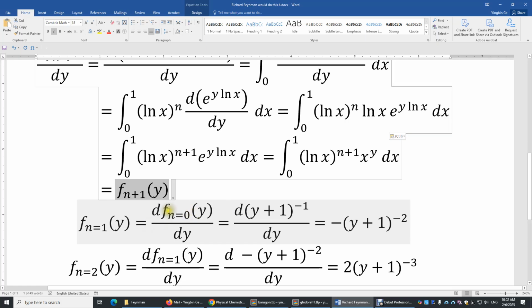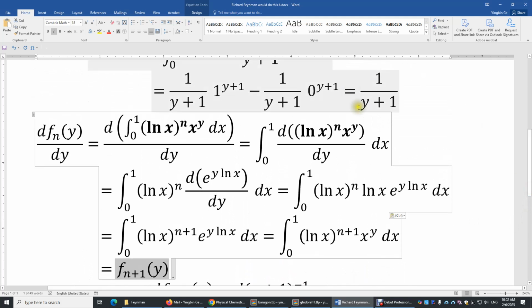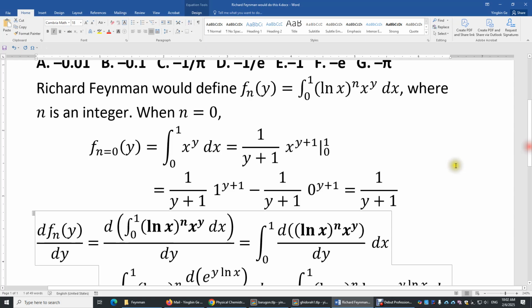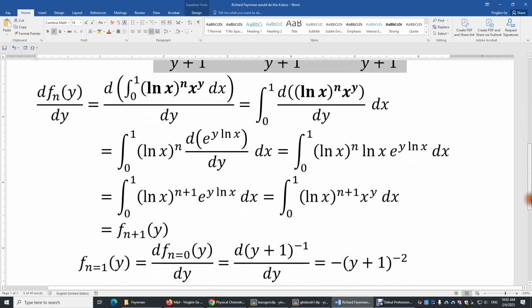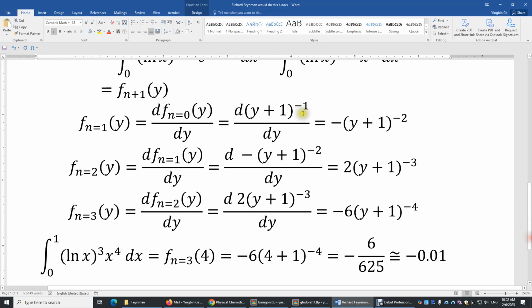So we plug in f sub n equals 0 of y, which is 1 over y plus 1. It comes from this derivation over here at the beginning of this document. Again, this is pretty simple integral calculus. We plug it in, we take its first derivative, we get negative (y plus 1) to the power of negative 2.